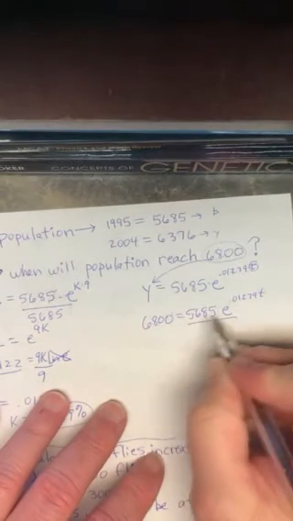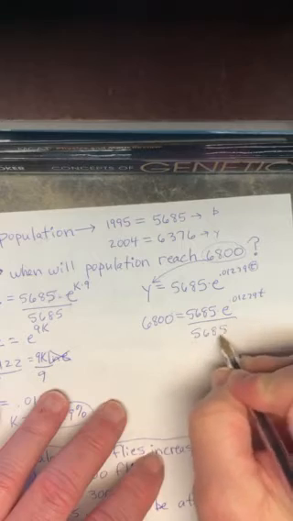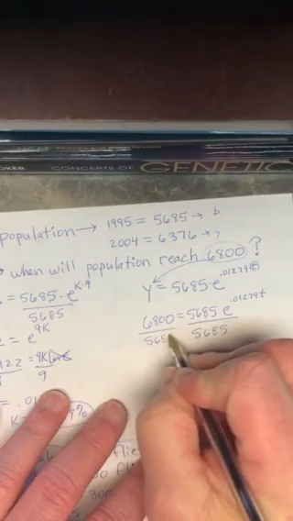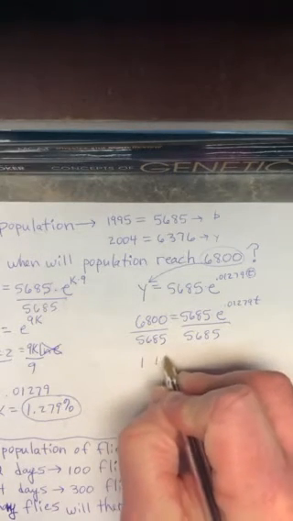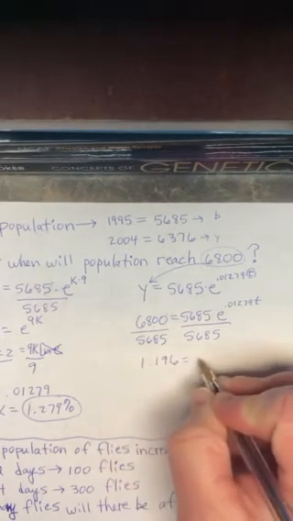I'm going to divide by 5,685, giving me what? 6,800 divided by 5,685. I'm going to hit enter. I'm getting 1.196 equals e to the 0.01279t.